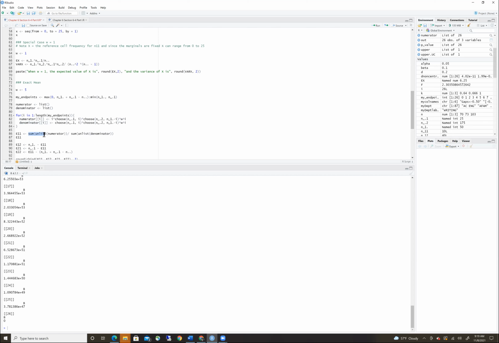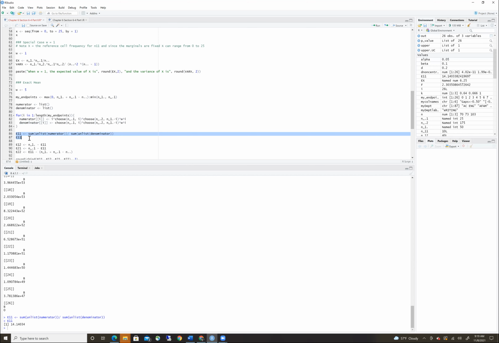We're going to say sum of the unlist of the numerator, and we're going to do that same thing for the denominator. So we'd get the value of the E11. So if we hypothesize that the odds ratio is equal to 5, well, then we would think that for that very first cell, we expect to see a value of 14.